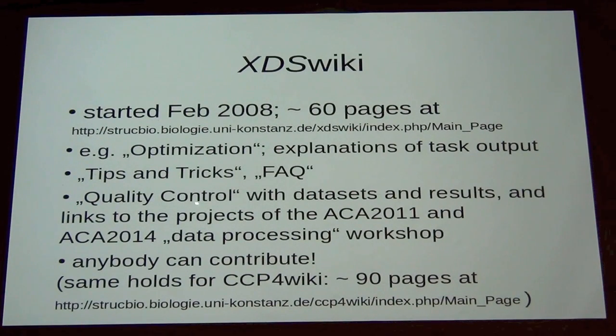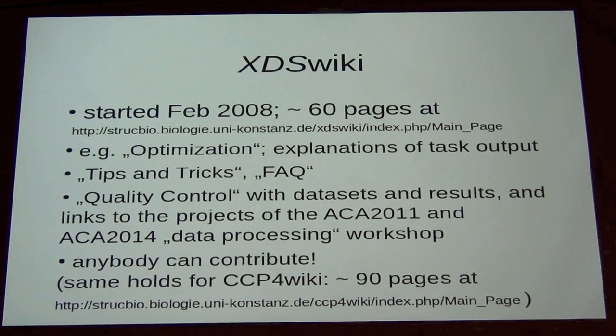And so if you go to the wiki, to the quality control article, this has a link to ACA 2014, and that has links to articles that can be used as tutorials, for example, for data processing. These are supposedly difficult projects, so you can look up how we process those.